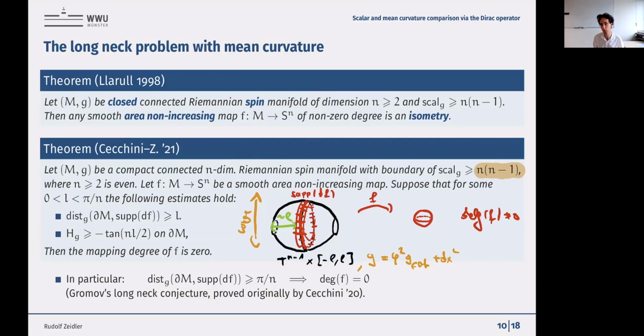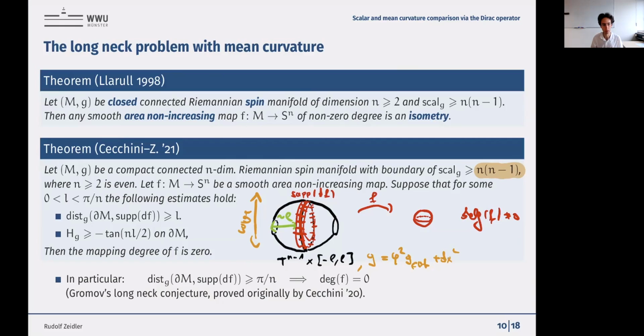And here we see that for this construction, we need to make use of the area non-increasing part. If we instead assumed that we want our map to be length non-increasing, then this kind of example wouldn't work anymore.